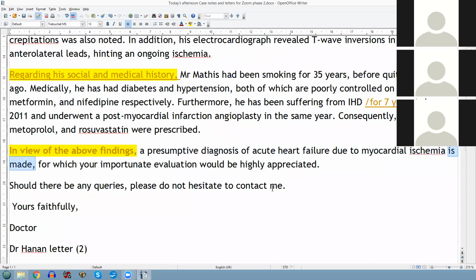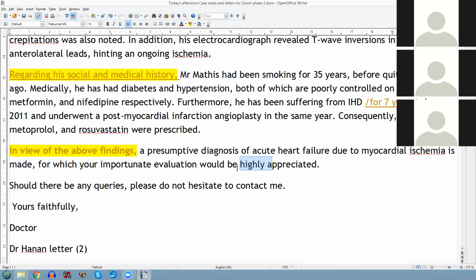I wouldn't be using that. Which you're importunate. Importunate. That doesn't mean what you think it does. For which your evaluation would be, well, they don't want you to evaluate. They want your urgent assessment. So evaluation, assessment. Okay, I wouldn't use that.